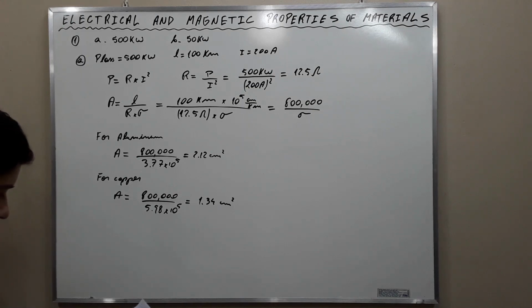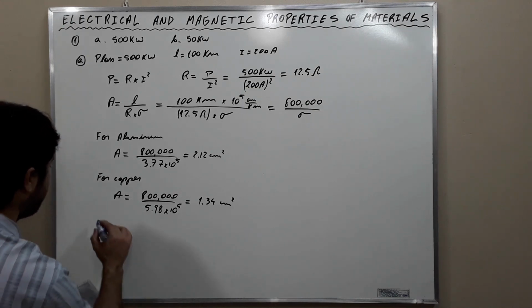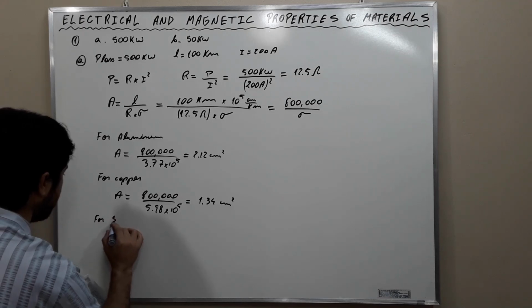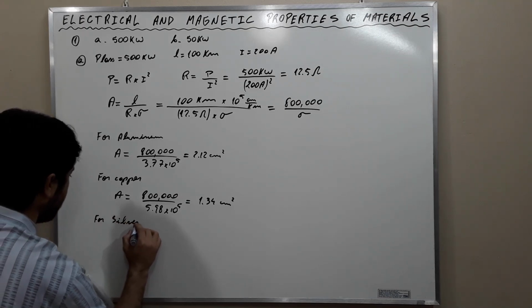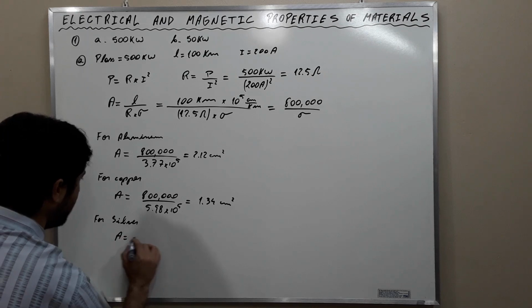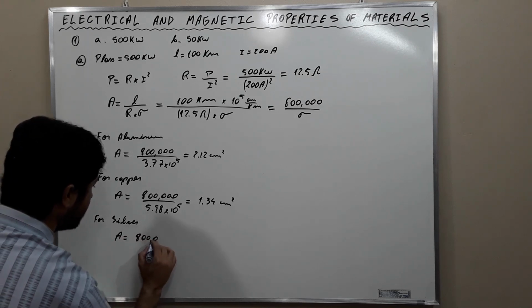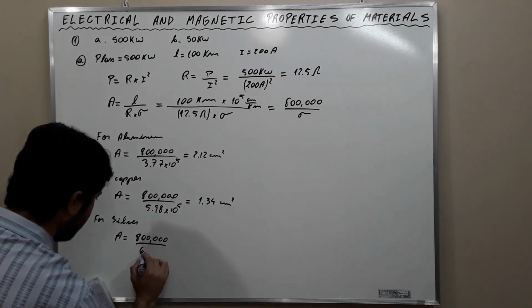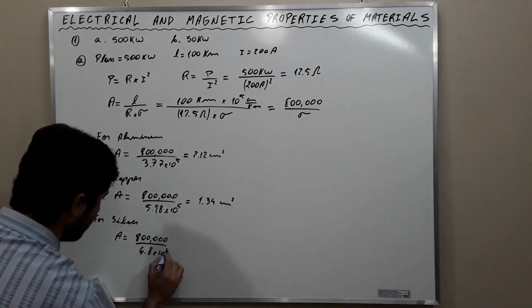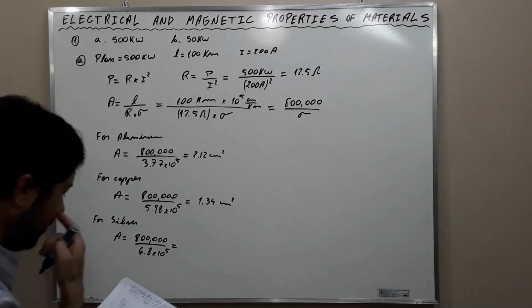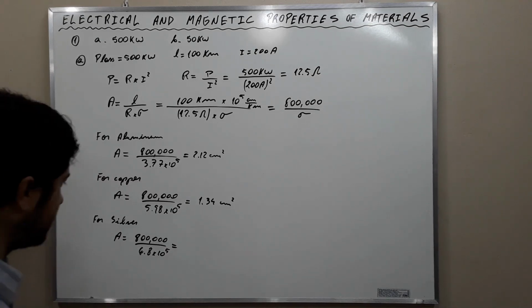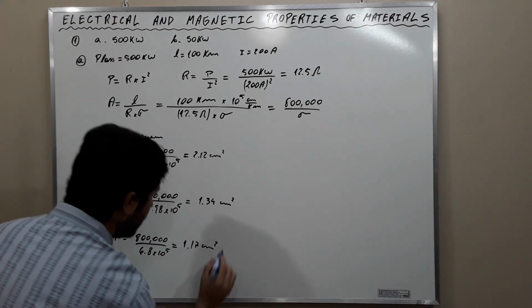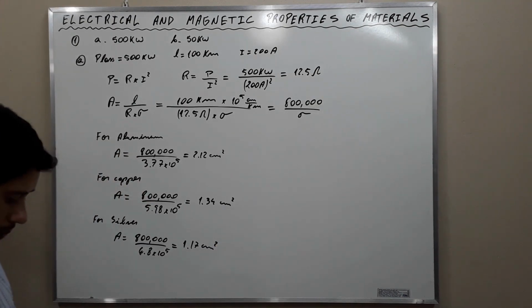And lastly, for silver, the cross-sectional area is 800,000 divided by 6.8 times 10 to the fifth, which is 1.17 square centimeters.